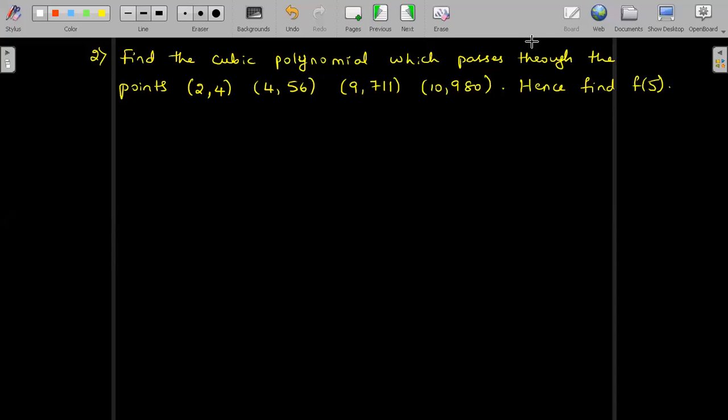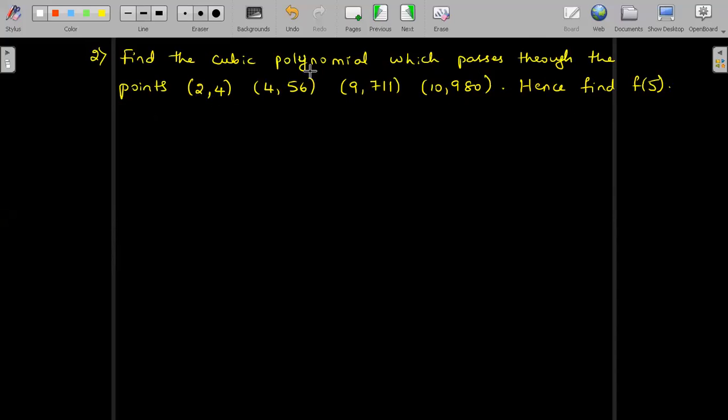Let us see the second problem. Find the cubic polynomial which passes through the points 2, 4, 4, 56, 9, 711, 10, 980. Hence find f of 5. These coordinates, whatever they are given, are nothing but x, y. So x is equal to 2, respective value of y is 4.